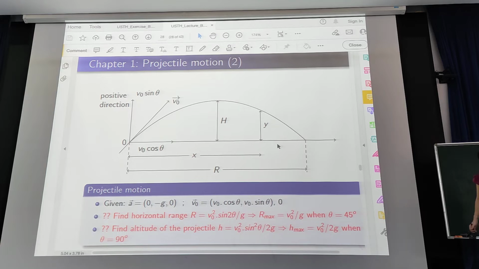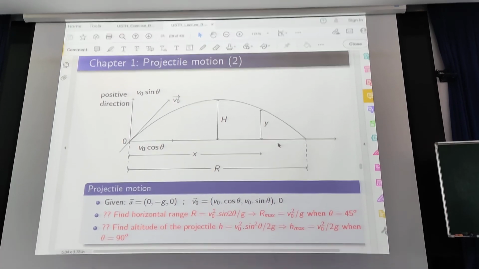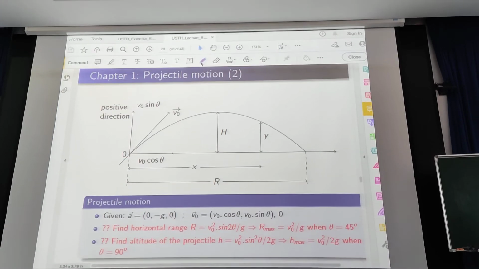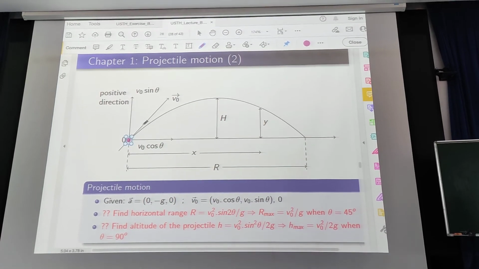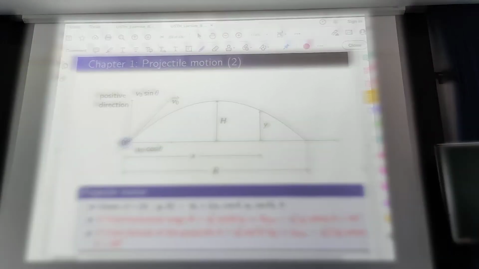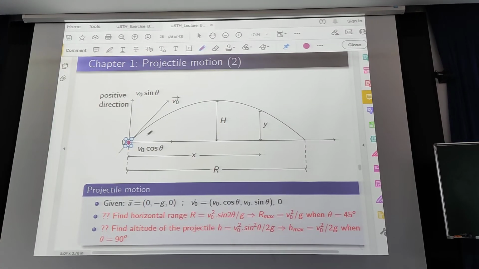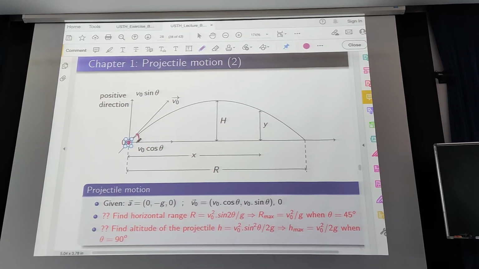This exercise is an example of projectile motion. With projectile motion, initially, let's say, you inject an object, for example, particles, at this point, with the initial velocity vector v0 making an angle theta to the horizontal axis.